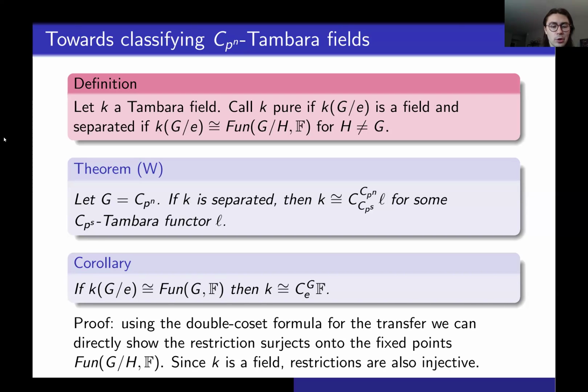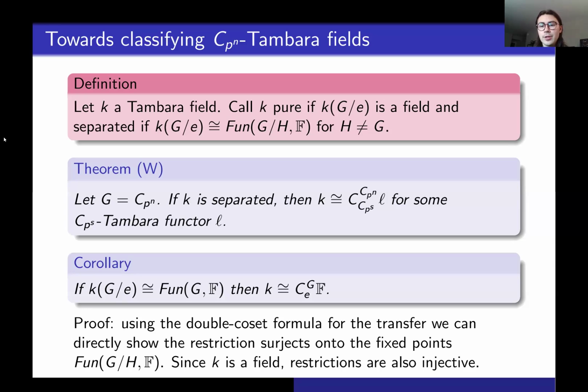So you use the double coset formula. If you look at the restriction map to the fixed points, and you transfer up and then restrict down, the double coset formula forces this to just be a sum over certain orbits.